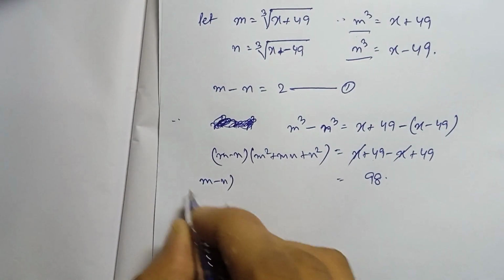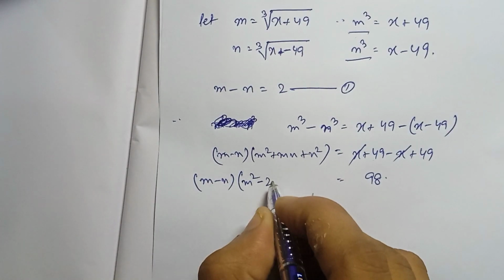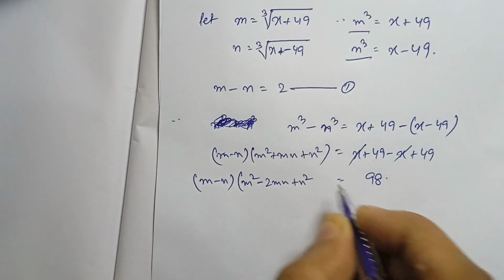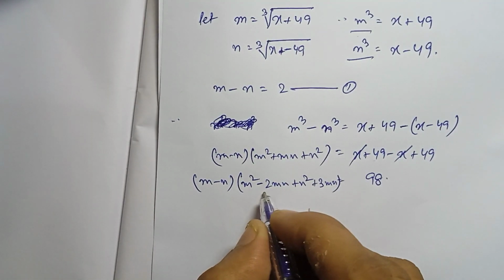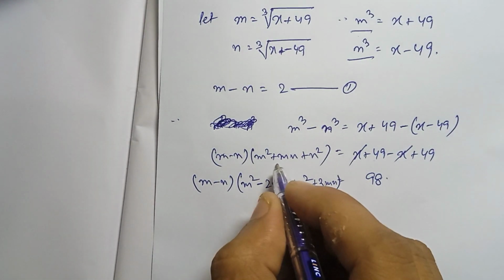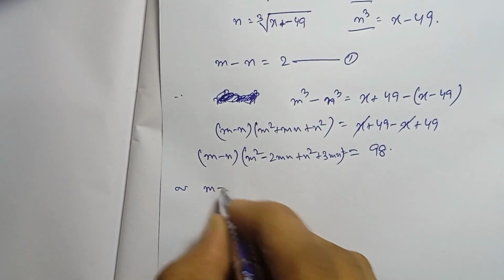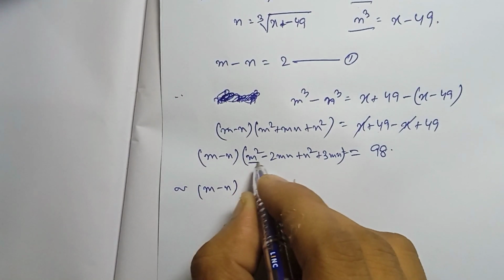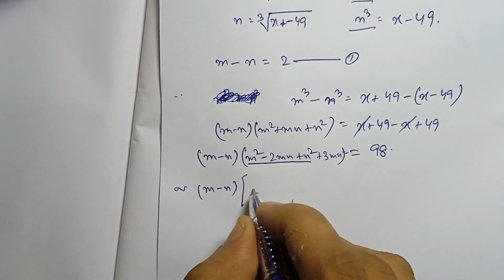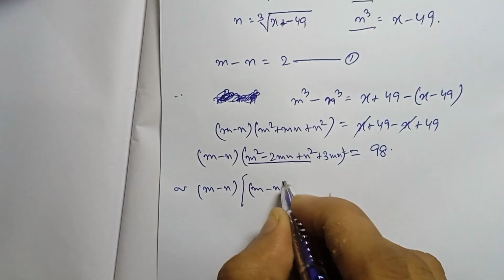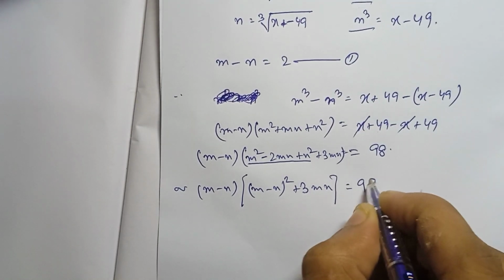Here we get m square minus 2mn plus n square and plus 3mn. Therefore it will be written as m minus n whole square plus 3mn is equal to 98.